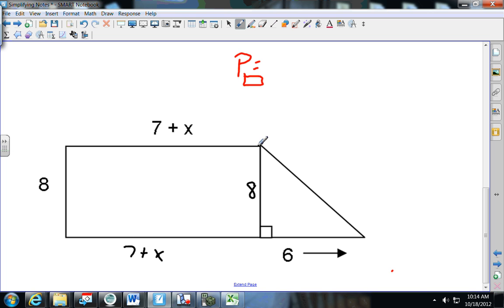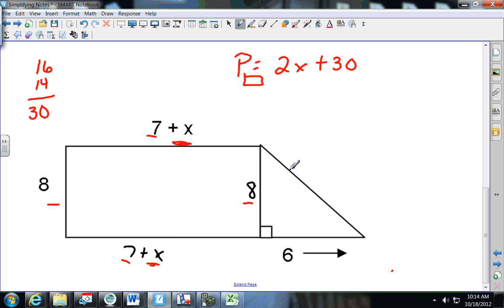So just of the rectangle, I have x and x, which gives me 2x. 8 plus 8 is 16, plus 7 and 7, which is 14. Add those together and I get 30. That's the perimeter of the rectangle.